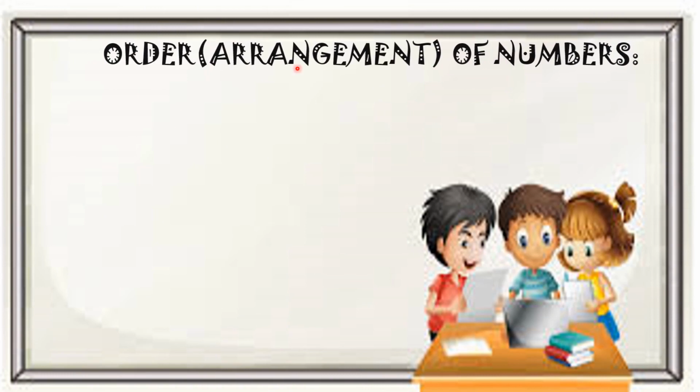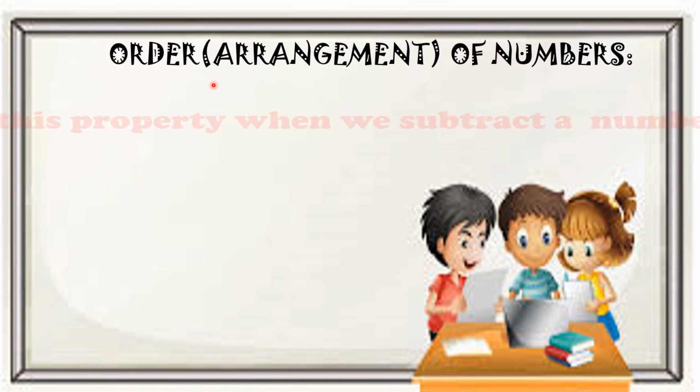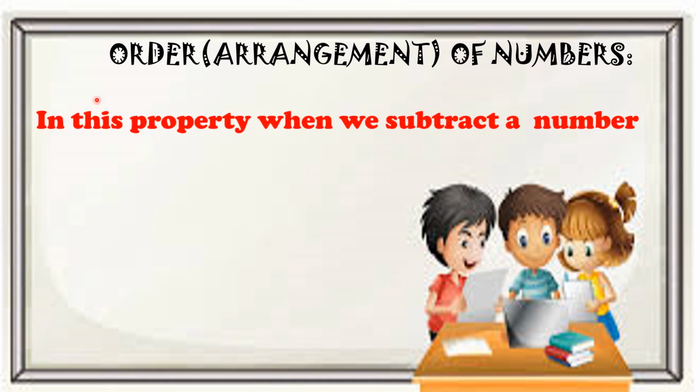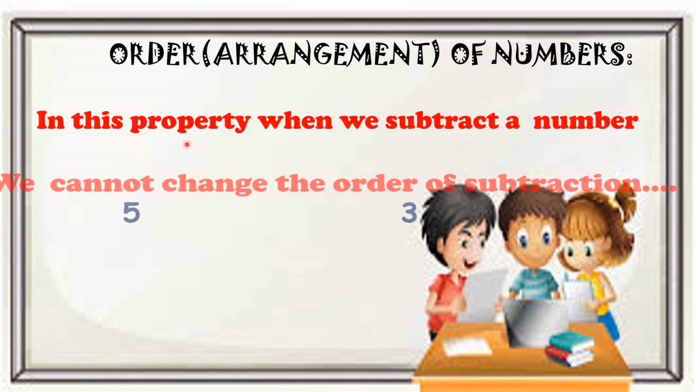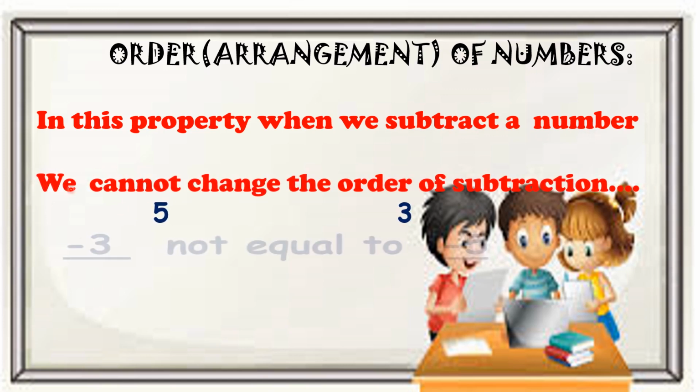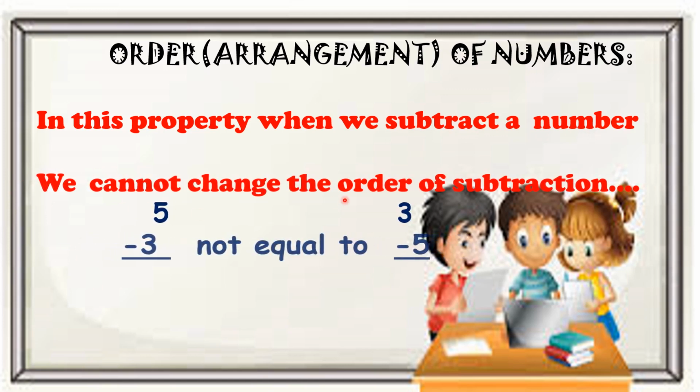Next property is order or arrangement of numbers. In this property, when we subtract a number, we cannot change the order of subtraction. For example, 5 minus 3 is not equal to 3 minus 5.